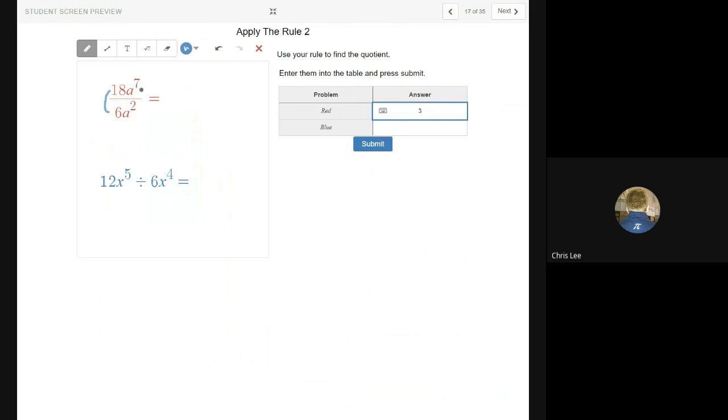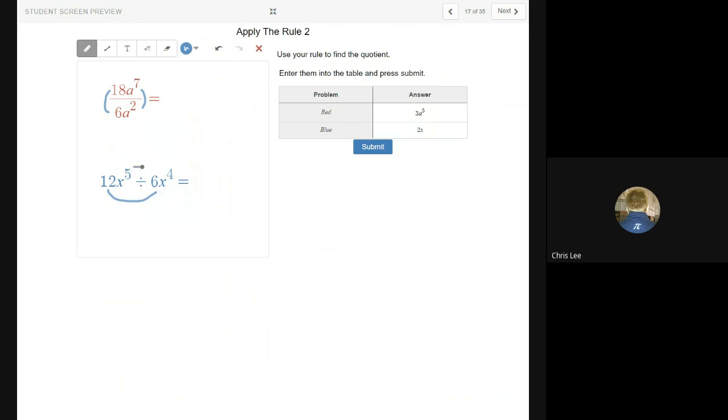And then a to the power of 7 divided by a to the power of 2. What do I do to the exponents? Subtract them, so it's a to the power of 5. Yeah. Very nice. How about this one? 12 divided by 6? 2.